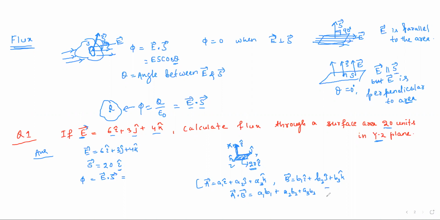Because i cap dot i cap is 1, j cap dot j cap is 1, k cap dot k cap is 1.